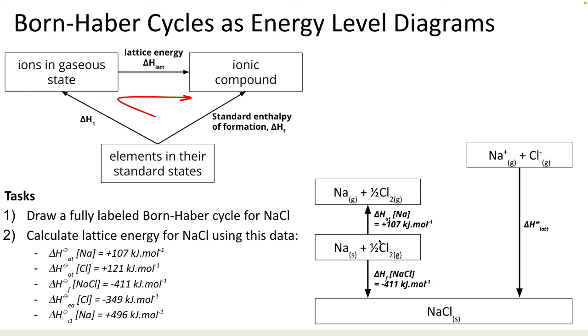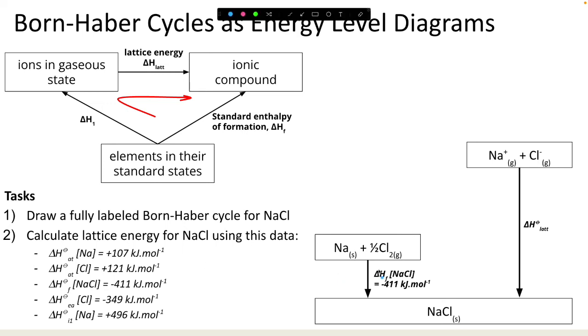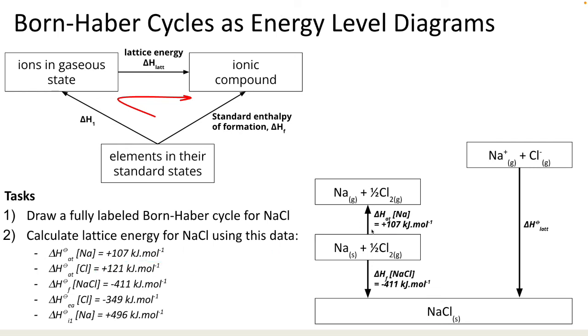So we first atomize the sodium, going from the sodium element into the sodium gaseous atom, and we've got a ΔH for that process, endothermic, so we're going up. Then we can ionize the sodium, so again, ionization energy, that's going to be an endothermic process.